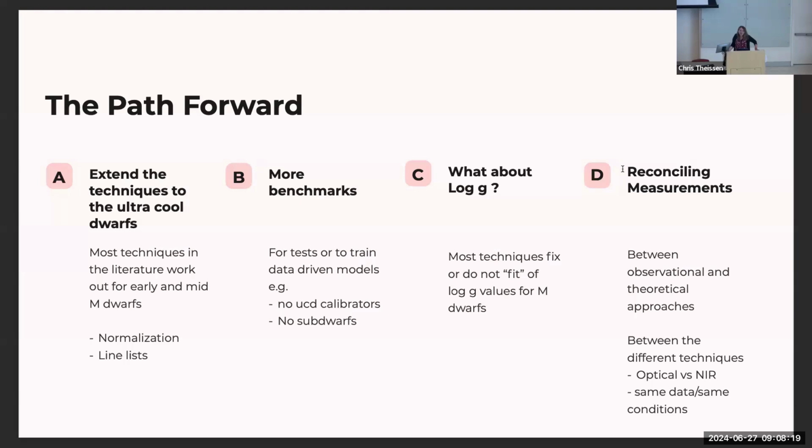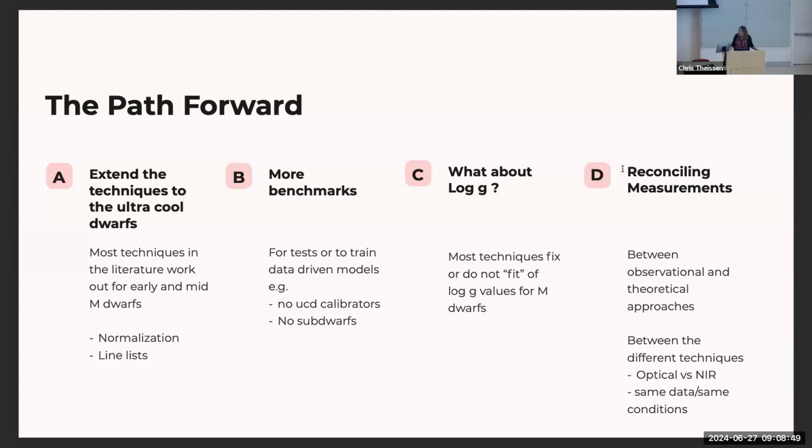Most of the techniques seem to work well from M0 to M4, maybe some claim to M7, but I put that in doubt, basically because most of them are based on benchmarks, and we don't have so many benchmarks that are that cool. Because when we do this in the near infrared, at least the work that I've been doing in high resolution, normalization plays a huge role in how we're getting the stuff.